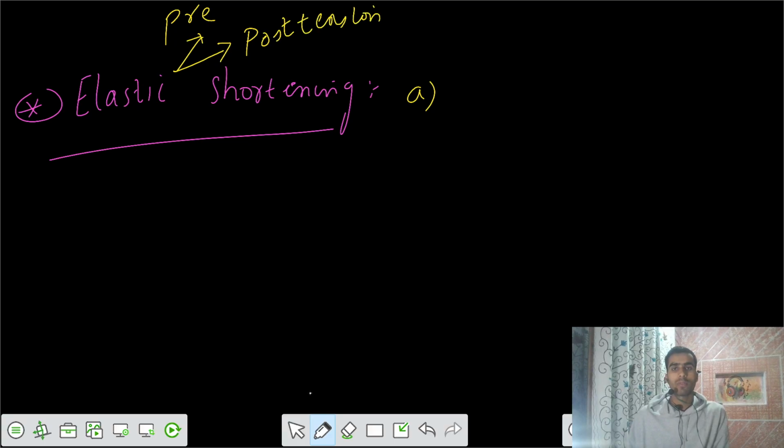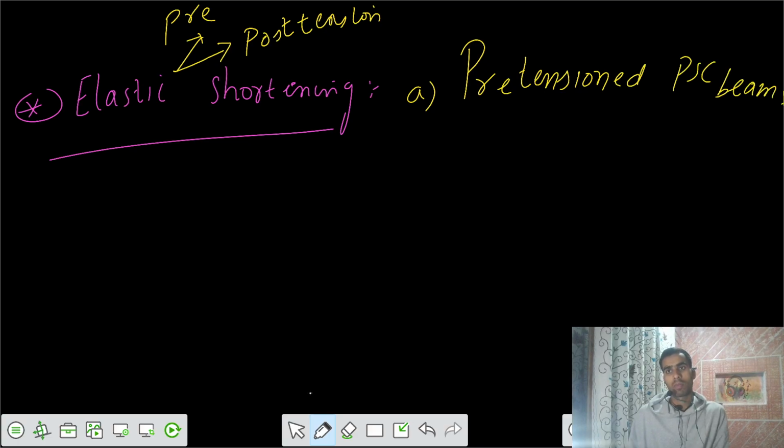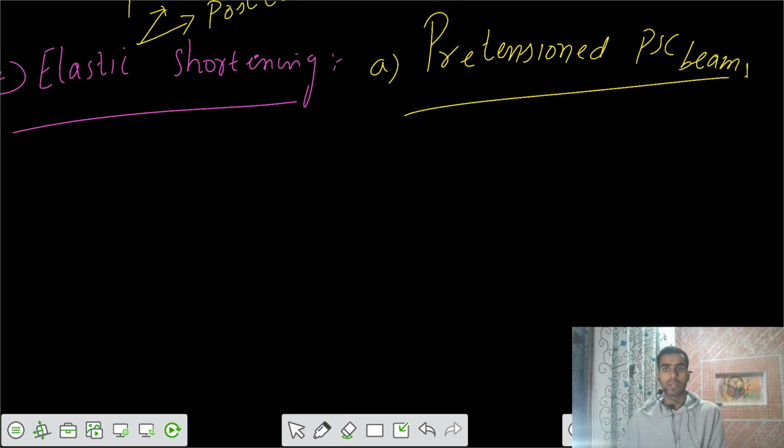Let's go for the first one, pre-tensioned pre-stress concrete beams, pre-tensioned PSC beams. In the pre-tension beam, before the casting of concrete, we apply the pre-stress force on the steel wire.